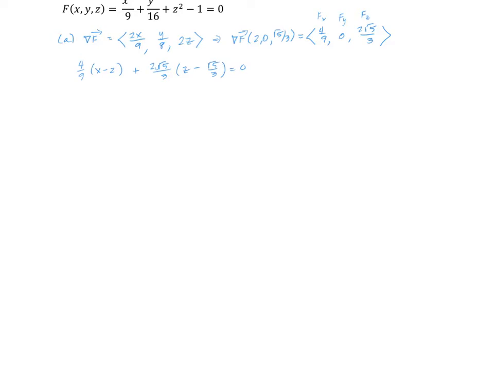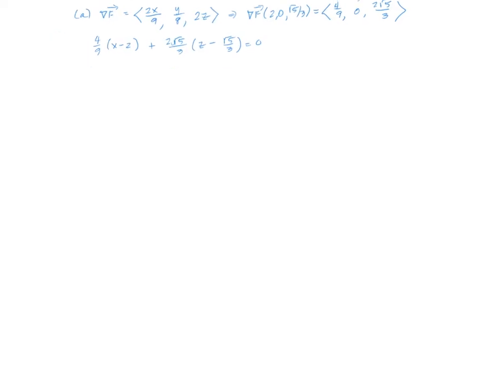So typically we wouldn't leave the equation in this form. We would get rid of the parentheses. So 4 over 9 x minus 8 over 9, plus 2 square root of 5 over 3 z, minus, this becomes 10 over 9. Set that equal to 0.